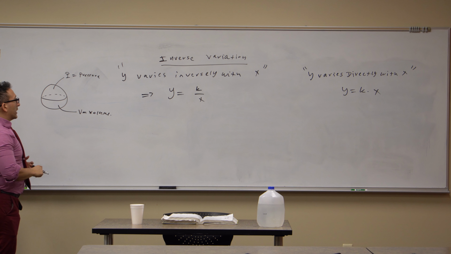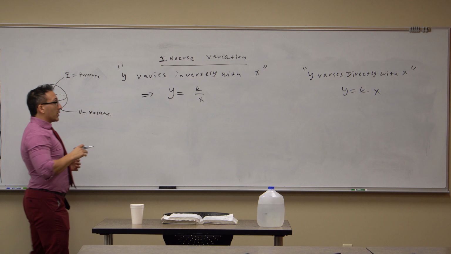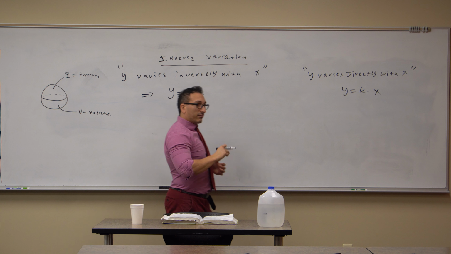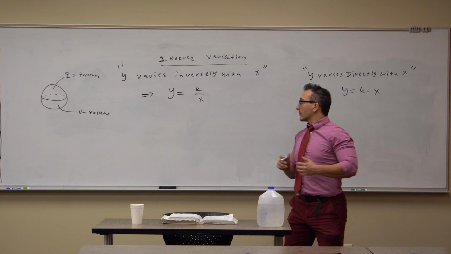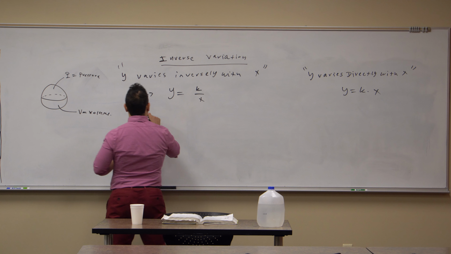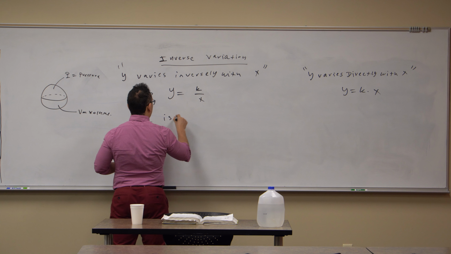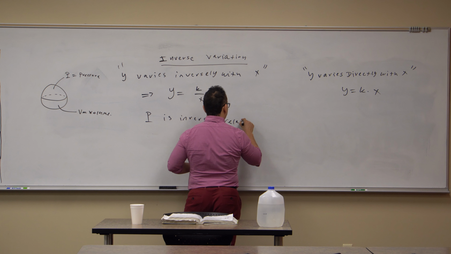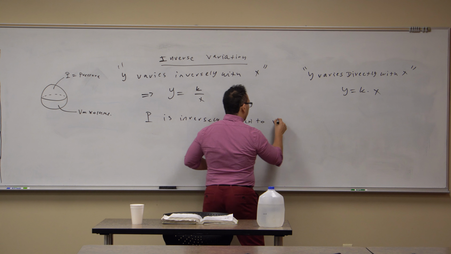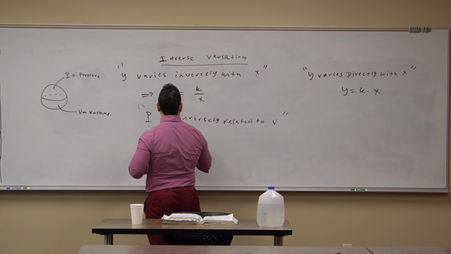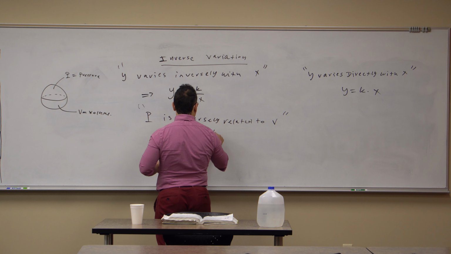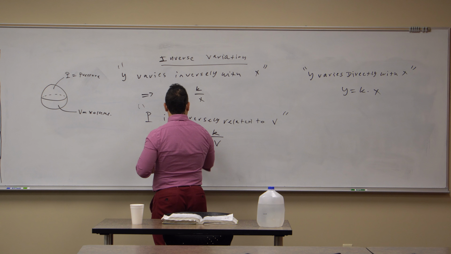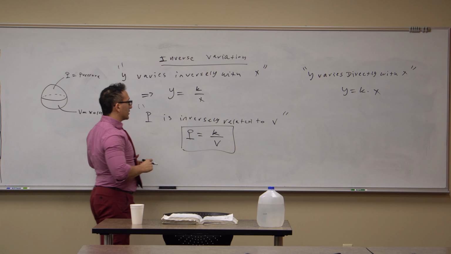We can say that the pressure is inversely related to the volume. P is inversely related to V. Why is that? Well, let's first write out the mathematical expression. P is inversely related to volume.